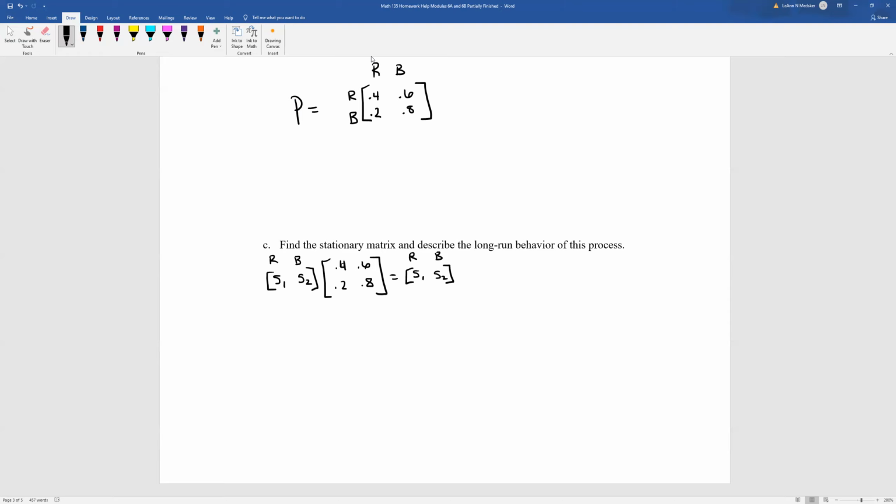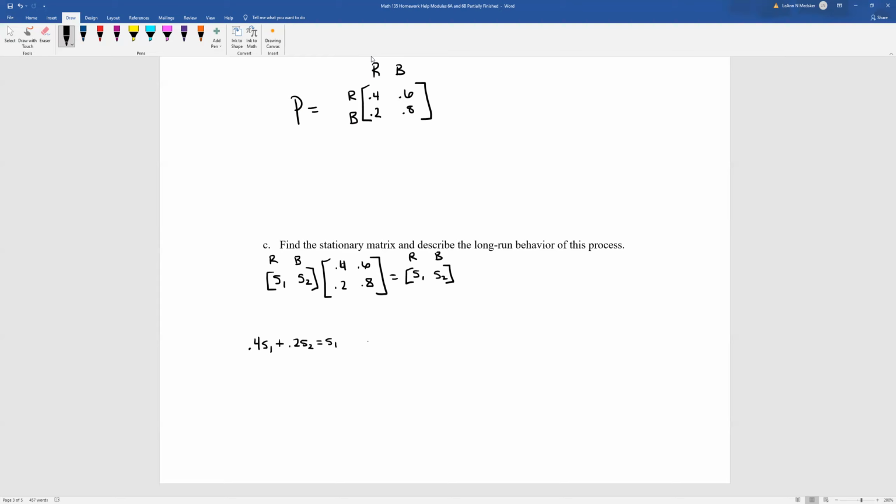So what this does for us, if these are variables, if we multiply this out and set it equal to the correct entry on the other side, we're going to get some equations. So row 1 times column 1 would be 0.4 S1 plus 0.2 S2 equals the first entry on that side.